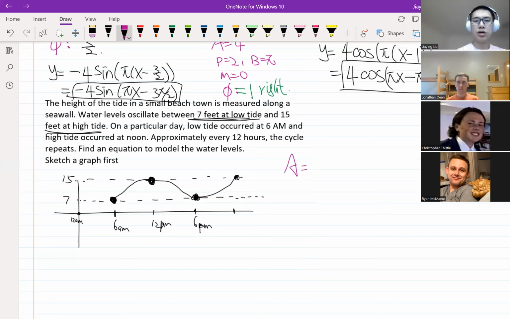We need to know the period. We need to know the b value from the period. And then we also need to know the midline. And we need to know the phase shift, which depends on which function we choose. Let's suppose we pick the function, let's say cosine, positive cosine.